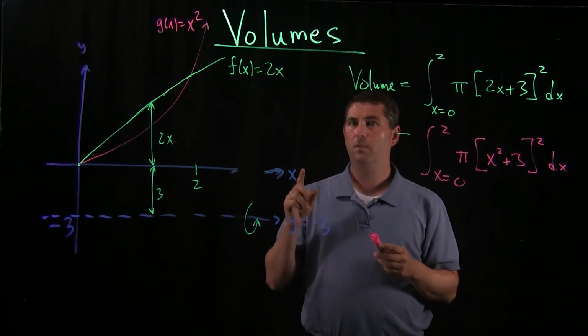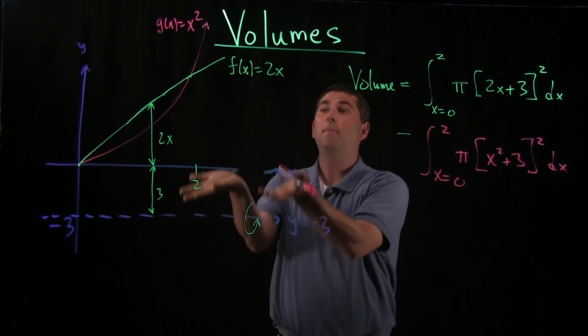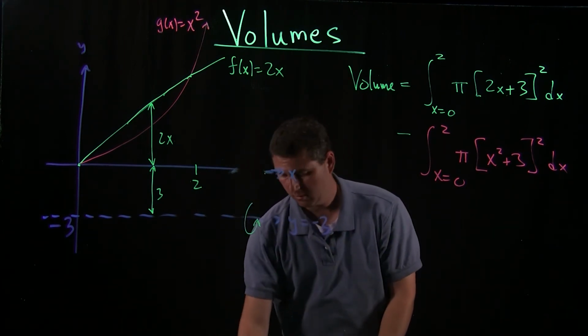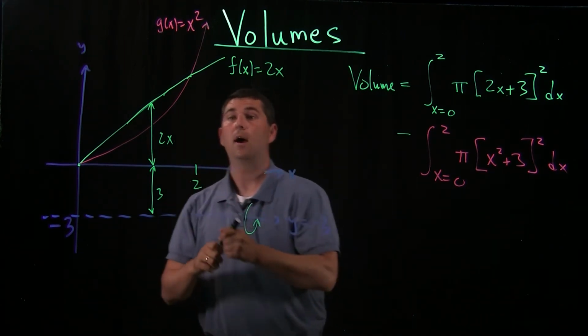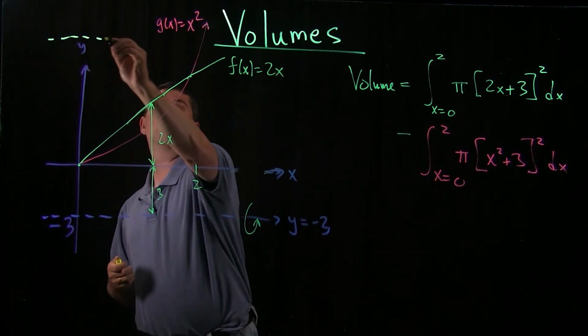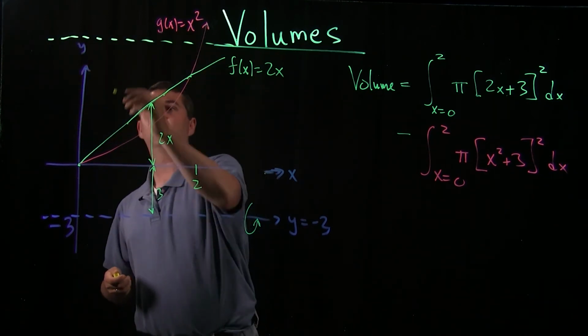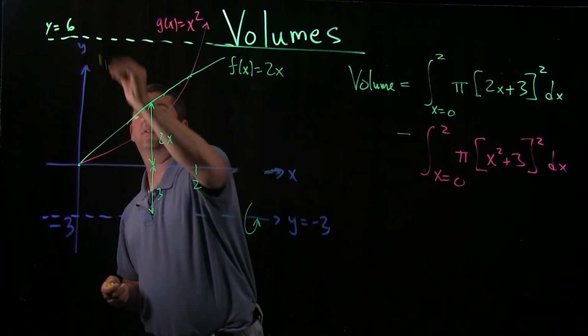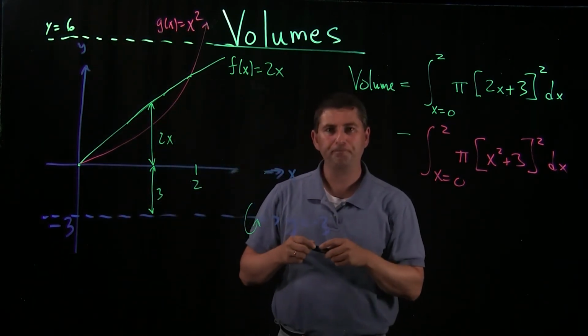What if we move the axis of rotation up above the graph? How would that change things? So say I wanted to move it up here. Okay, so maybe this is y equals 6. So that's sufficiently big.